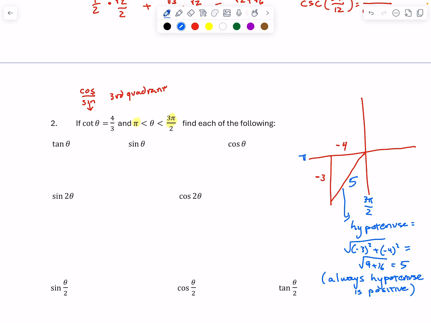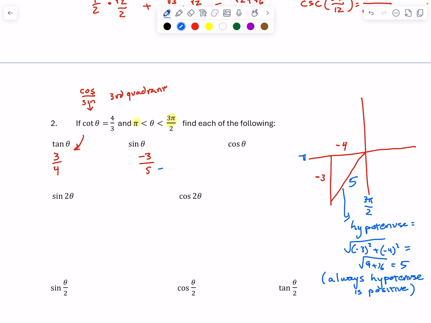We did that over and over again in previous units, so I'm not going to obsess about it. Tangent is just the reciprocal of cotangent, so that one we could have done without any other work. Sine I need to do. Sine is height. Oh, no, it's not, because it can't be bigger than 1. Remember, sine is only height on the unit circle. You have to do opposite over hypotenuse.